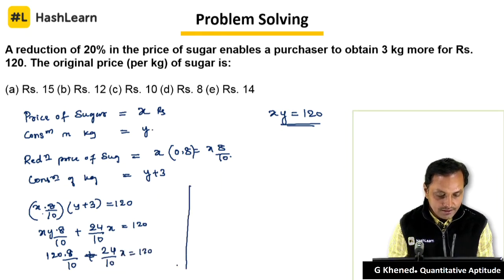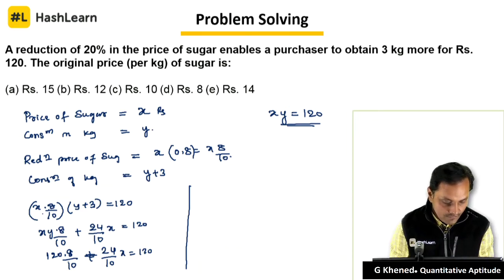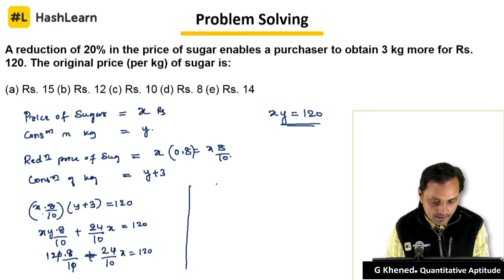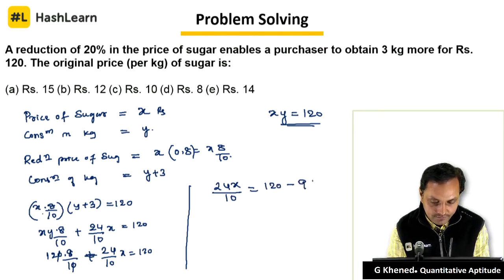So what will this simplification give you? This will cancel with this, that is 24 X by 10 is equal to 120 minus 12 8s are 96, that will give you 24.